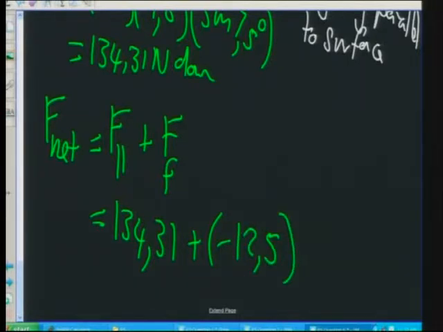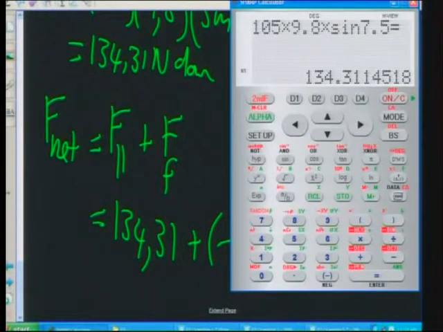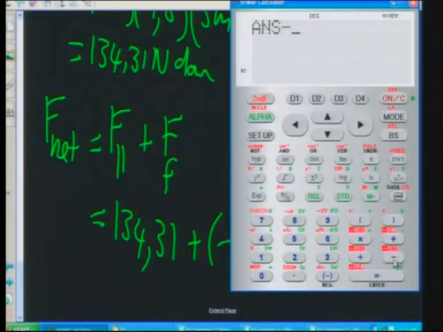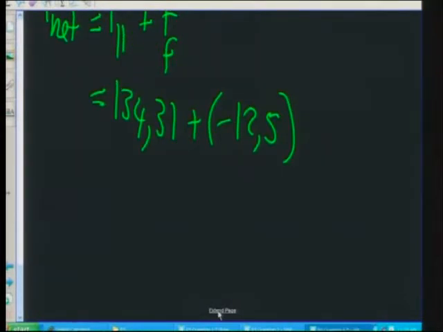So in my calculator, I'm going to have to subtract from this value 12,5, which gives me 121,81 newtons, and that's down the slope.